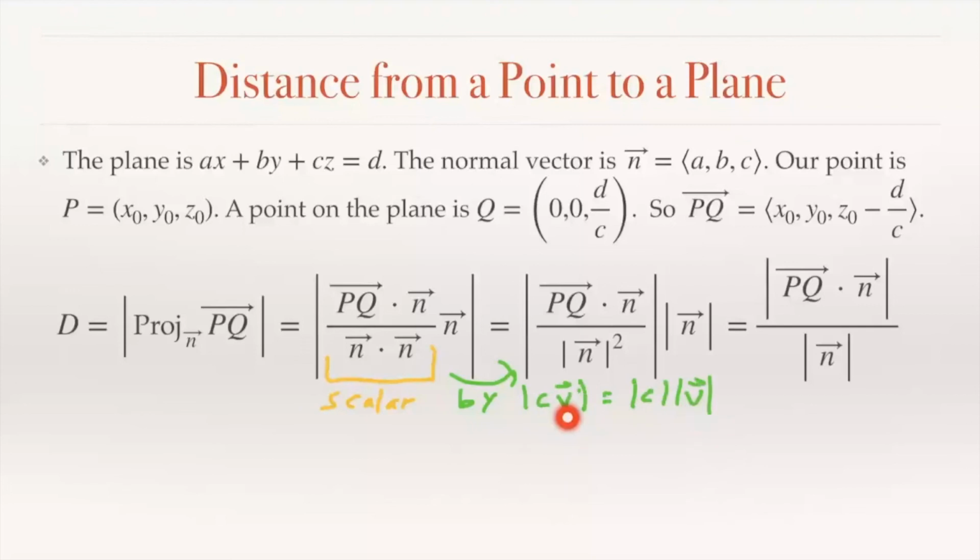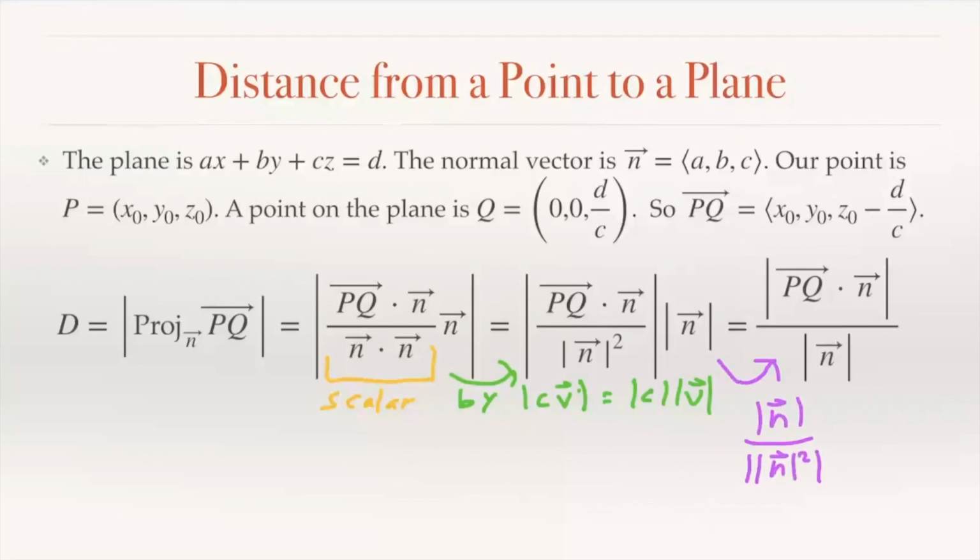and also intuitively. c just stretches it by a factor of c, but c could be negative, so we need to put absolute value signs around it. So we can pull out that scalar in its own absolute value, and then times the absolute value of our normal vector n. And then finally, going from here to here, that is because the magnitude of n over the absolute value of the absolute value of n squared.